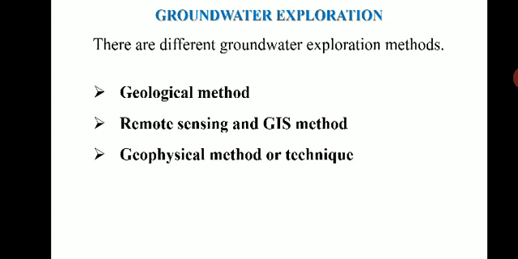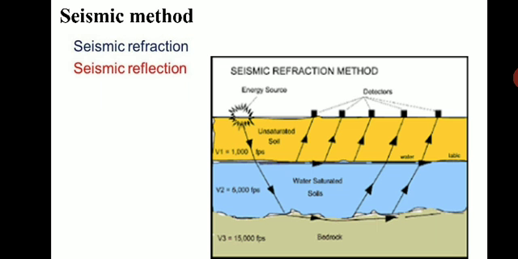So there are various geophysical methods. There are surface methods, then we have subsurface methods. The seismic method and electric resistivity method are performed on the surface, so we call them surface methods. Then electric logging, radioactive logging, all these logging methods are there.